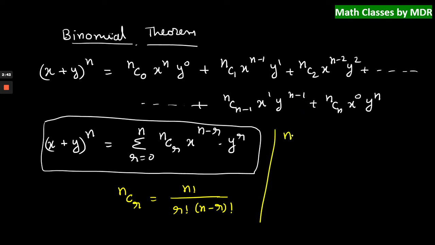What is n factorial? n factorial is n into n minus 1 into n minus 2, and so on until you get 2 into 1, until we get 1.